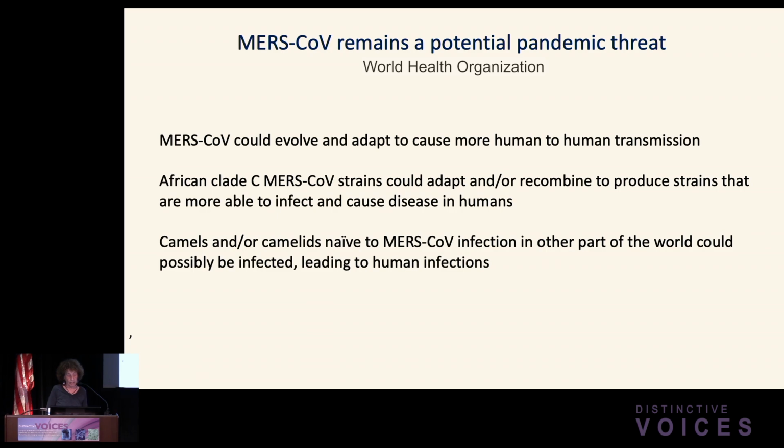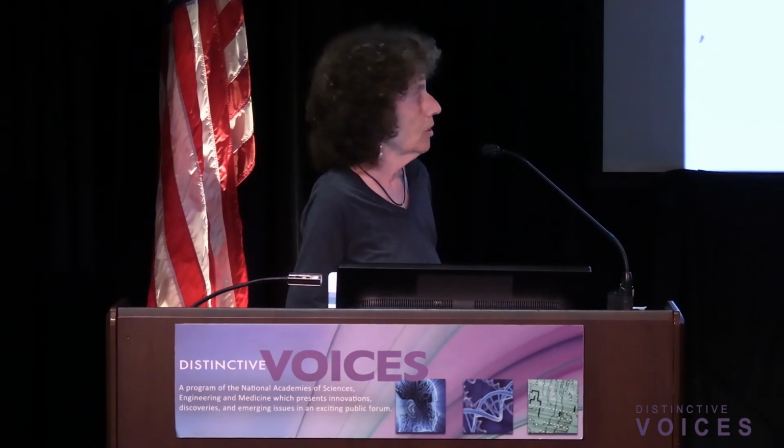And camels or camelids, which are related to camels, naive to MERS, like in other parts of the world, could possibly get infected, leading to human infection. So MERS seems sort of quiescent now, but I think it could be a potential pandemic threat because it's so common in camels in so many parts, in both Africa and the Middle East.